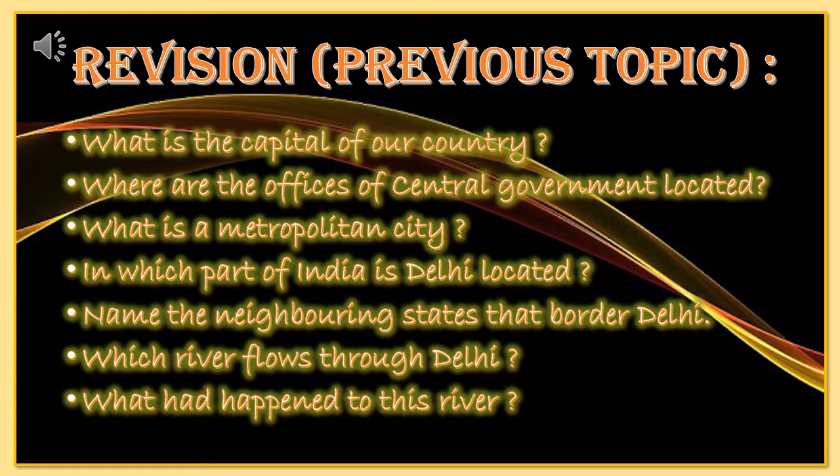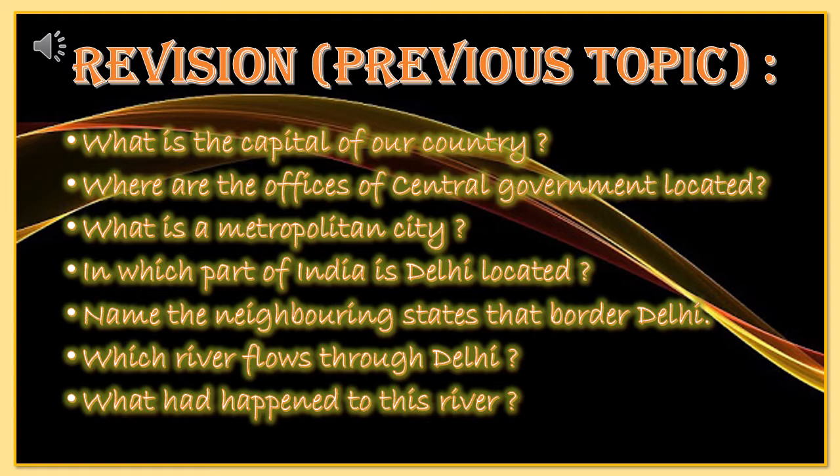Then the next question is, in which part of India is Delhi located? In the location of India, we discussed that Delhi is located in the northern part of India. Name the neighboring states that border Delhi. We discussed that Haryana and Uttar Pradesh border Delhi.